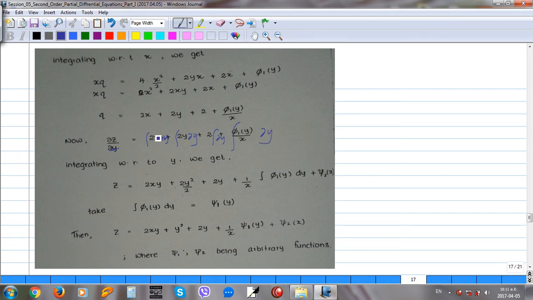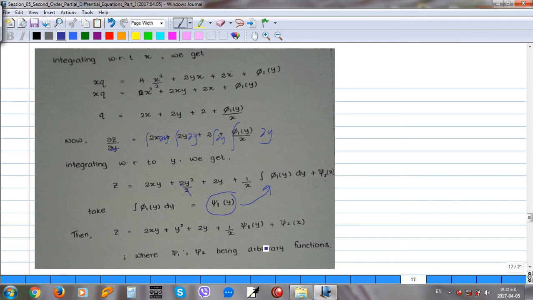Here 2xy, then 2y squared over 2, plus 2y, plus 1 over x times the integration of this, which we can introduce as another function, and also another constant, right? So then what is the final answer? Then 2xy, here you can cancel, then y squared plus 2y plus 1 over x times this function, and another constant.